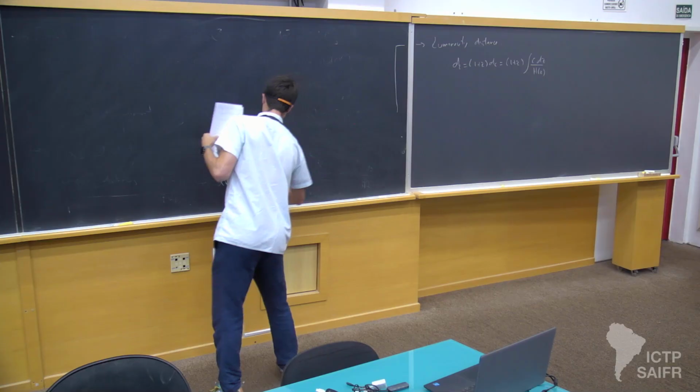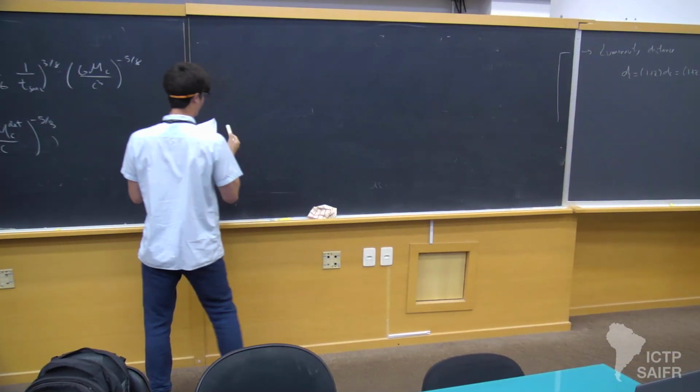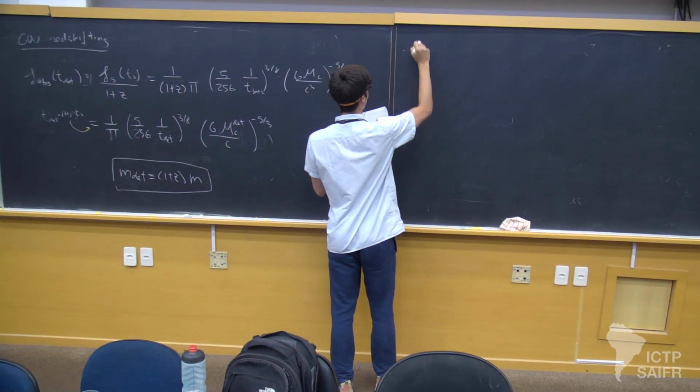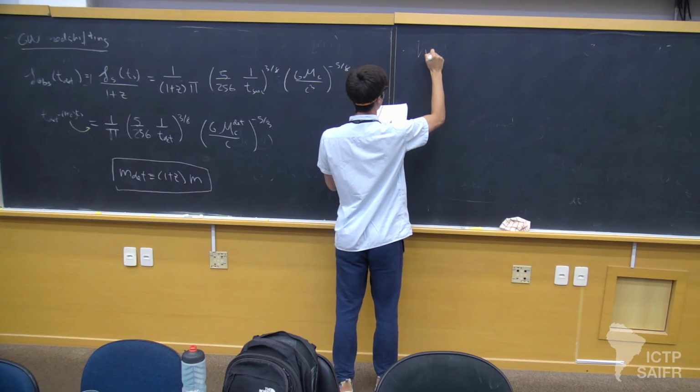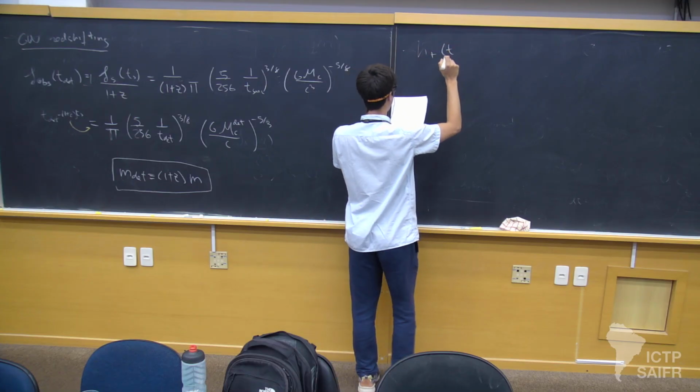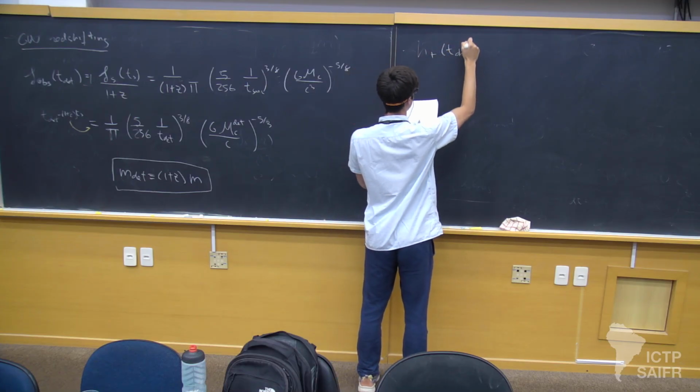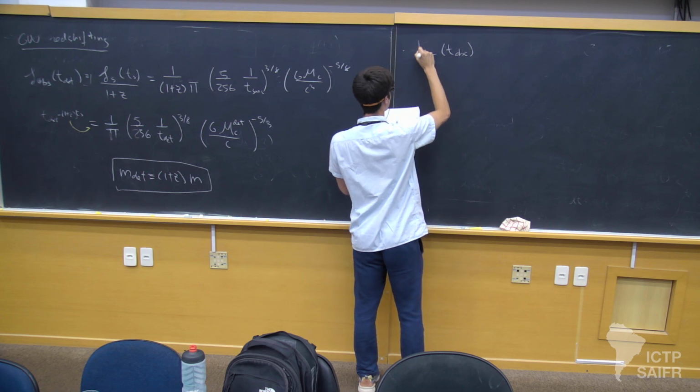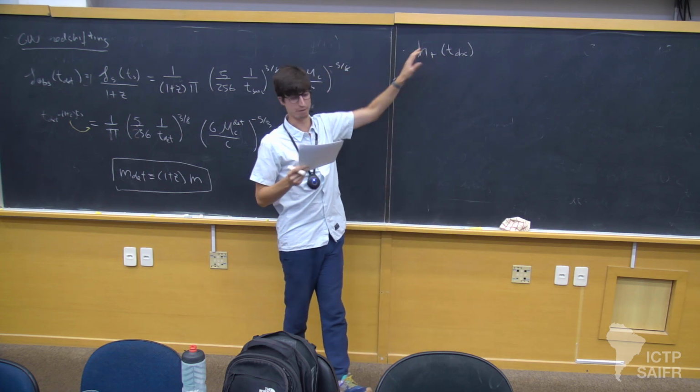So we have to do the same. We have an expression from before of h plus at the time of the source, but we want h plus at the time of the observer.